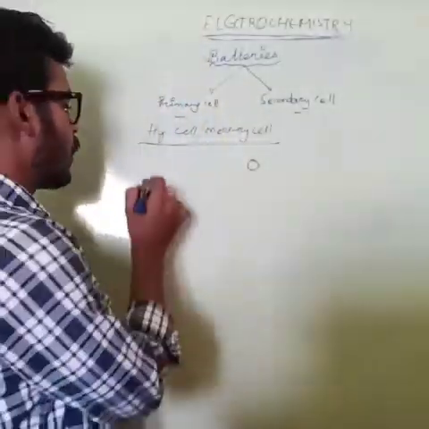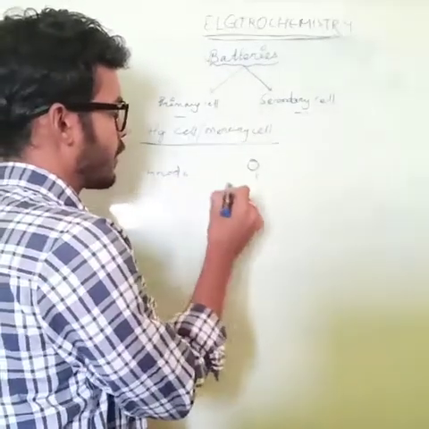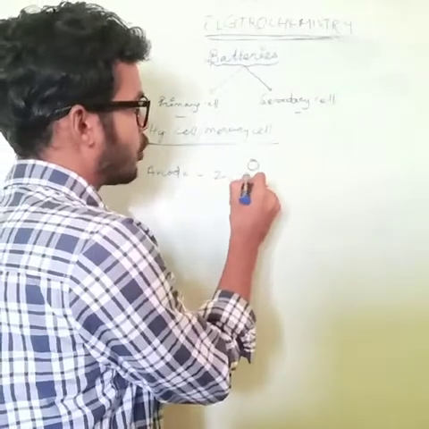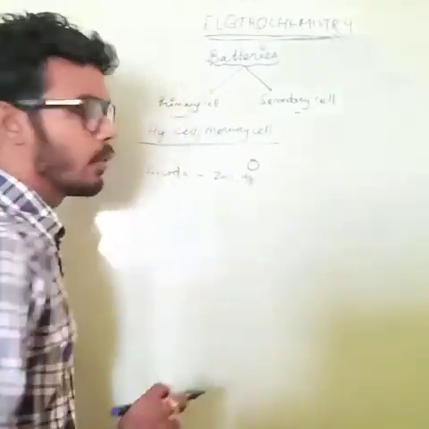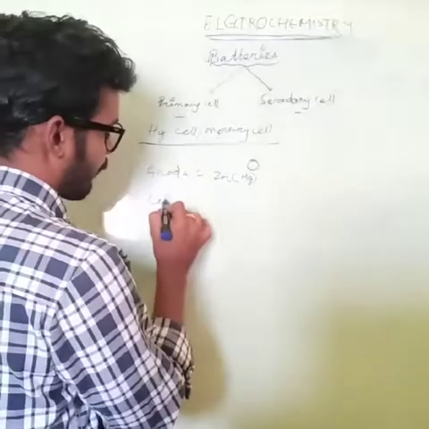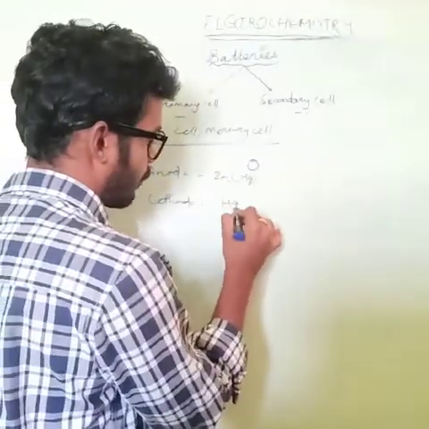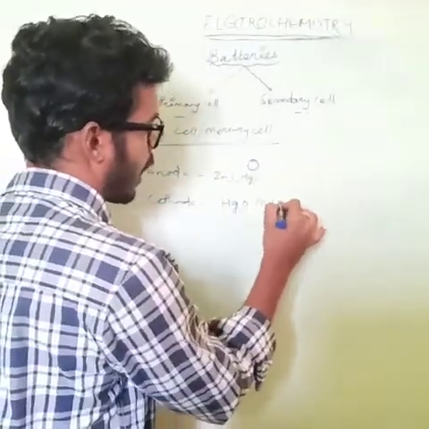Here the anode is zinc mercury amalgam. Zinc mercury is taken as the anode, and the cathode is your mercury oxide and carbon.